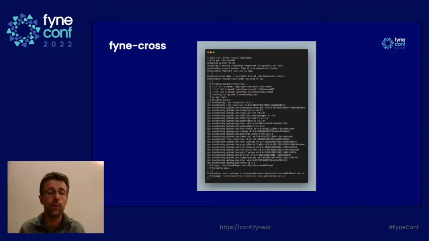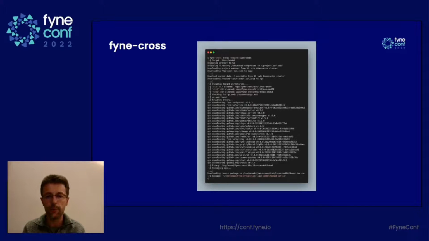Also, from your desktop developer station, you can actually just type FyneCross, like in this example, fynecross linux -engine kubernetes, and it will actually upload the project that you are building locally into S3. Then it will download it into the cluster pod, and it will also do automatically the caching of the build for you.